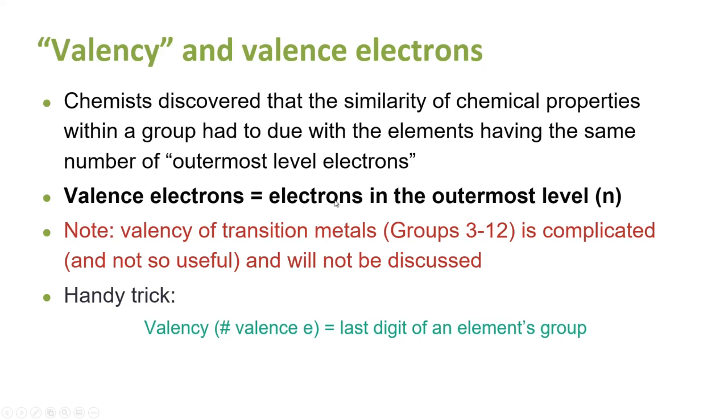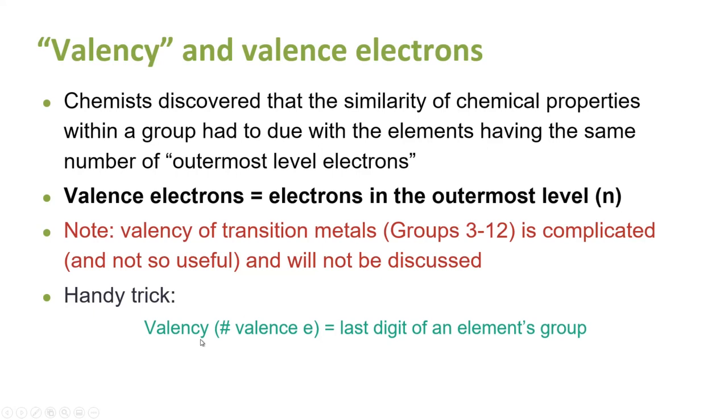The valence electrons are the ones that participate in bonding. And it turns out that in the transition metals, some of the d electrons, which are not considered valence electrons, still do participate in bonding. It's an ugly concept that different chemists will treat differently, so we're not going to talk about them because I don't want to get into it.